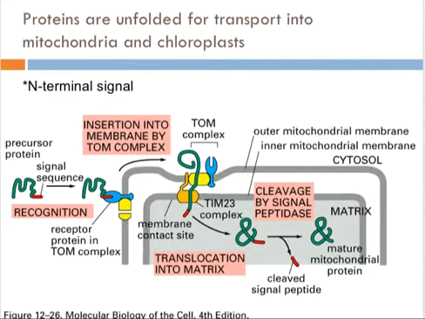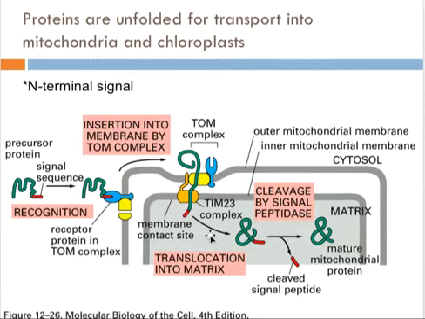TIM means transmembrane complex inner membrane. Okay. Now TIM also has a channel in it. When the TOM and the TIM come together, these two channels actually line up and the protein is going to be able to move into the mitochondrial matrix.